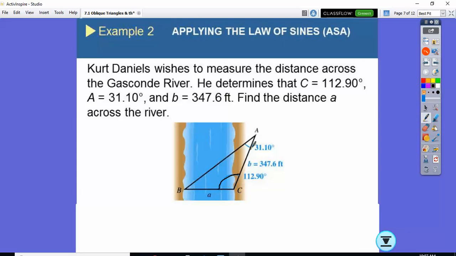Also gave you angle A and side B. Find the distance across the river. So I was nice, I gave you a word problem, but I also gave you the picture. We are looking for distance across the river, so all I have to find here is A.